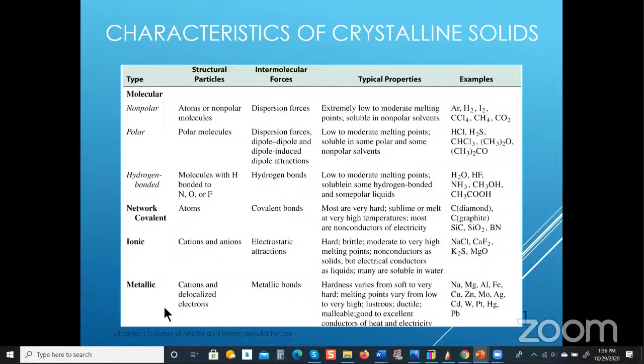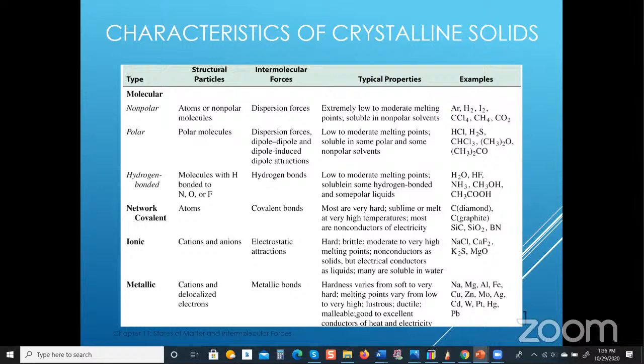And then finally, we have the metallic compounds. Basically, they're made up of positive ions in a sea of electrons that are delocalized. The attractive force between the ions and the electrons is said to be metallic. And again, these have properties in relation to the structure. They tend to be hard. In some cases, soft. And the more reactive ones tend to be soft, like sodium, potassium, lithium. But the higher the atomic mass, the harder they become.